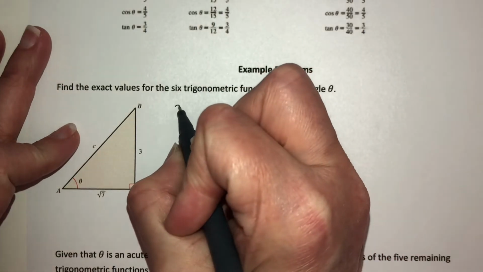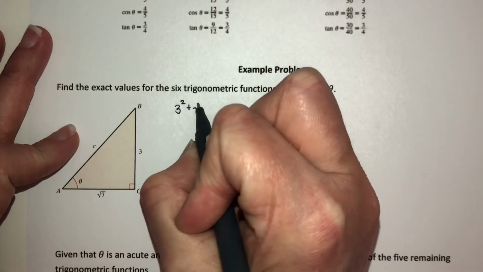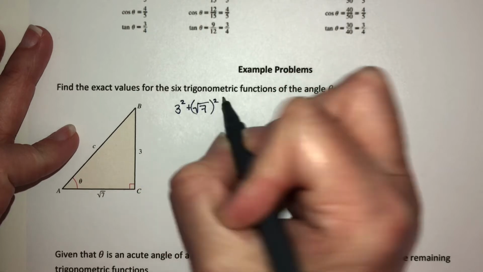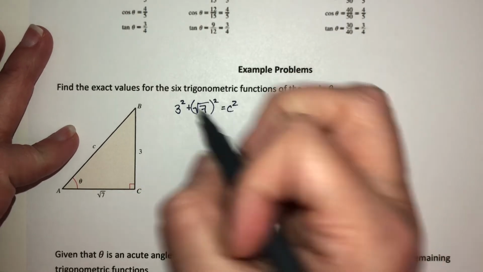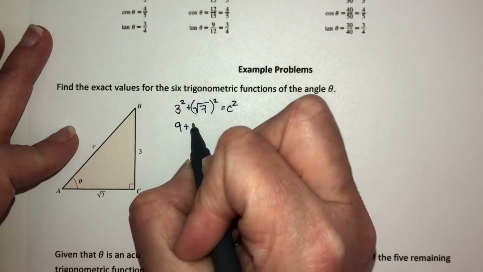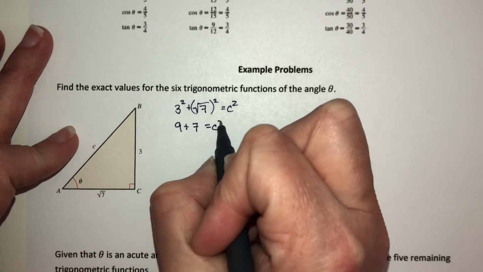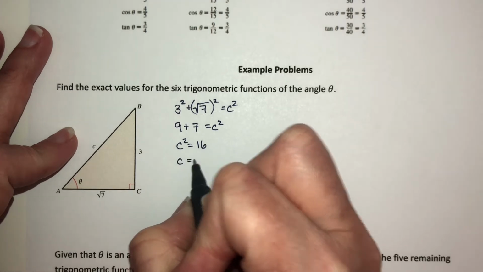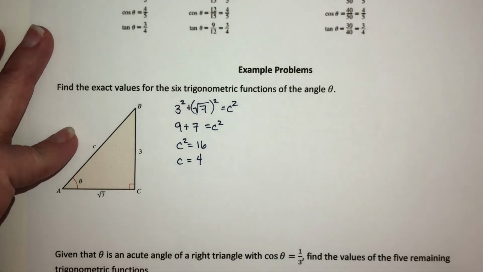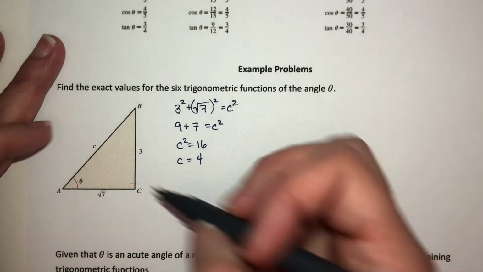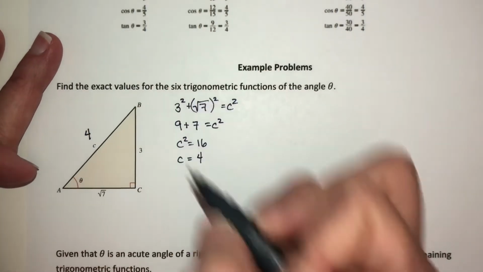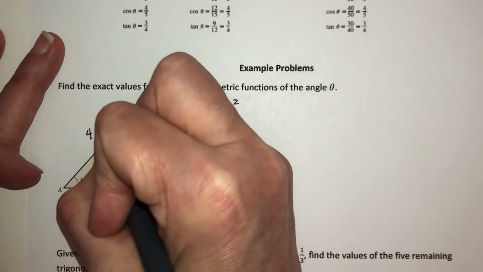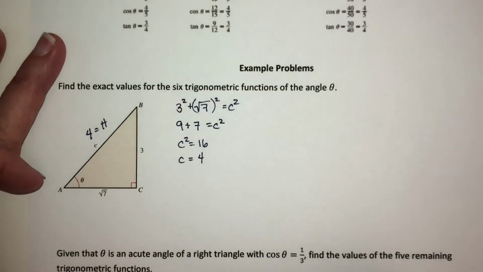So I have 3 squared plus the square root of 7 squared equals c squared. 9 plus 7 is c squared. So c squared is 16, so my c value must be 4.